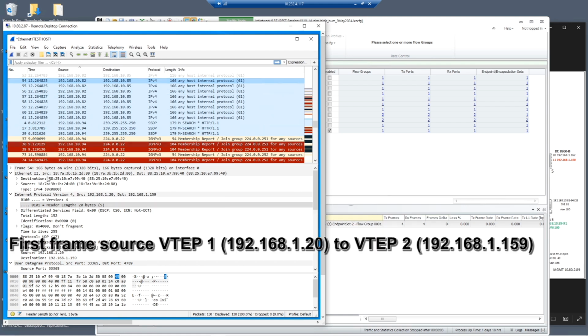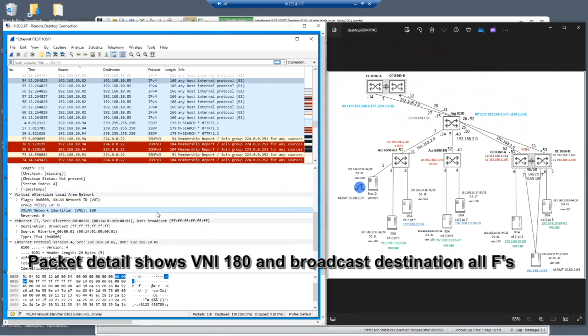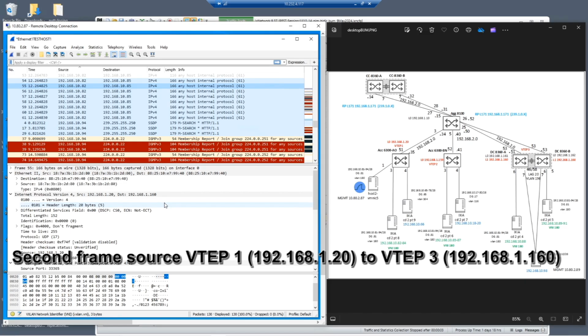Taking a closer look at the first frame, we see source VTEP 1 at 1.20 sending to VTEP 2 at 1.159. Further examination of the frame shows that this is VNI 180 and it's a broadcast destination, all Fs. Looking at the second frame, we can see source VTEP 1 at 1.20, this time going to VTEP 3 at 1.160.